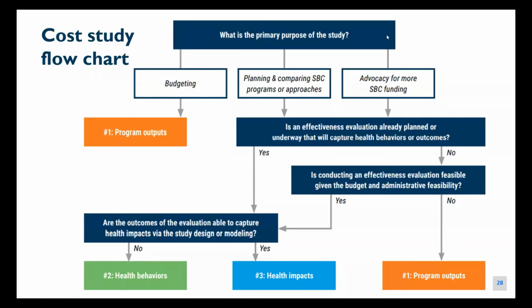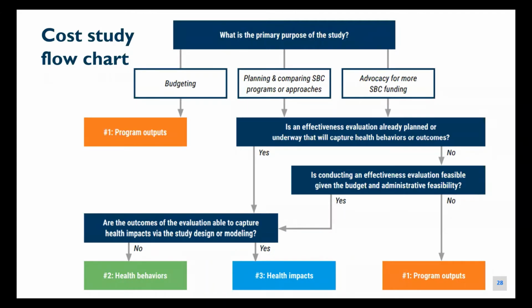This flowchart can guide you through some key questions to determine the appropriate type of denominator you should think about when approaching an SBC costing study. The first question is, what is the primary purpose of the study? And if the answer is solely for budgeting purposes, then it makes the most sense to focus on program outputs.